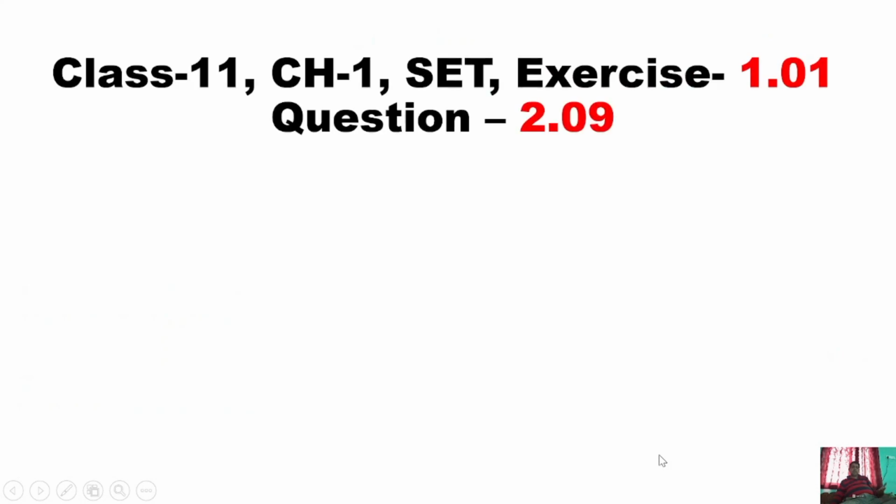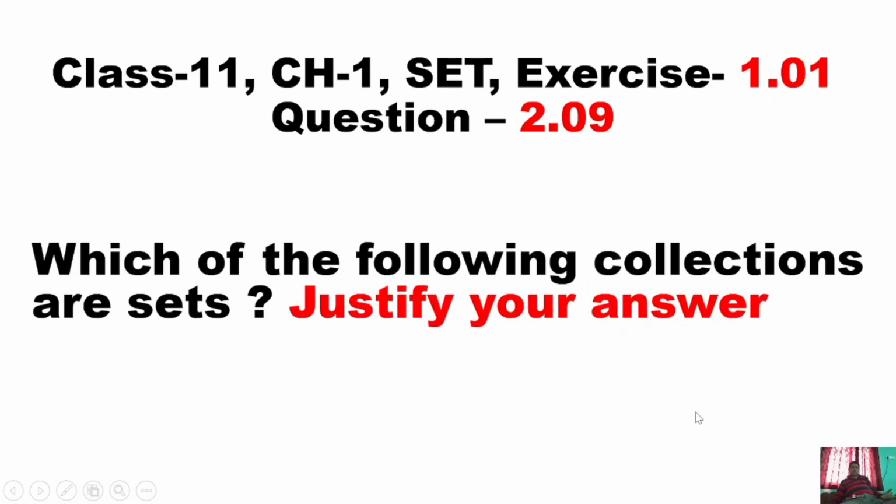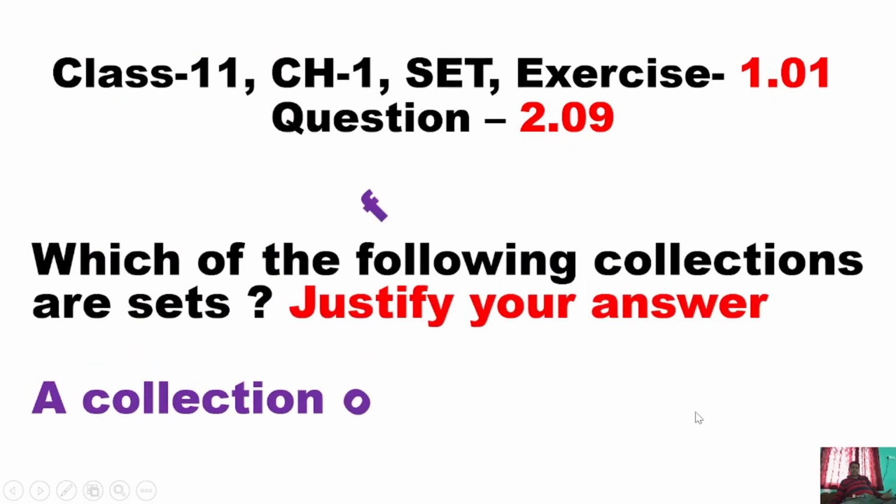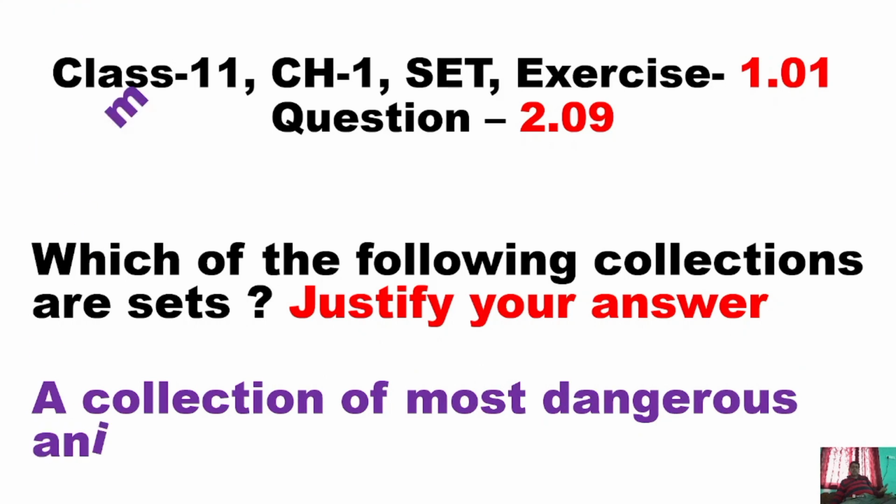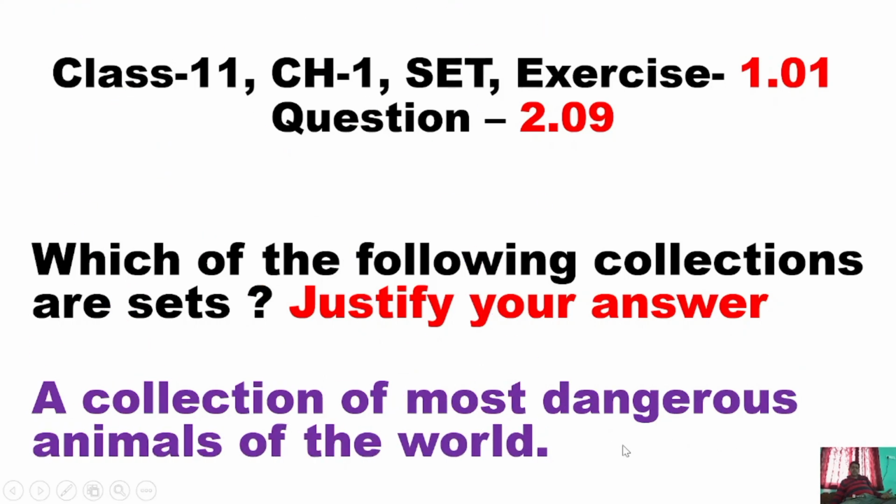Next, question number 2.09, the ninth bit of exercise 1.01. Look at the question here: a collection of most dangerous animals of the world. The word dangerous will vary from person to person, so a dangerous animal is not well defined.